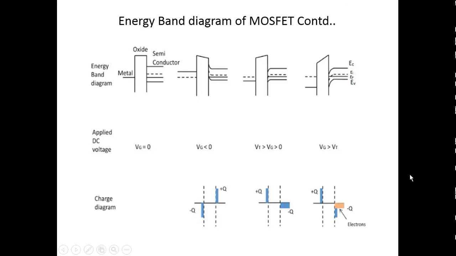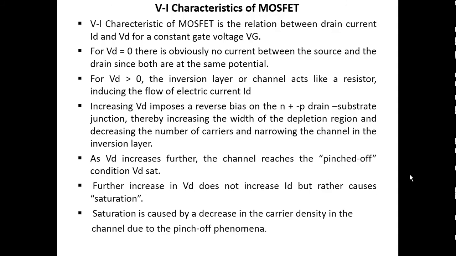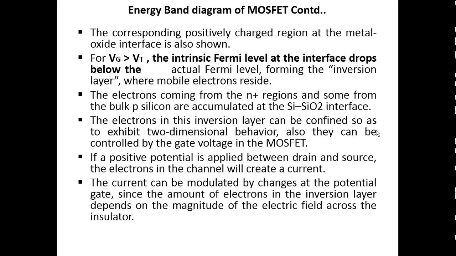Okay, that is what has been explained here. The intrinsic Fermi level at the interface drops below the actual Fermi level, forming the inversion layer. Actually, when Vg is greater than Vt, this inversion layer is formed and localized electron states are observed in the operation of the device.